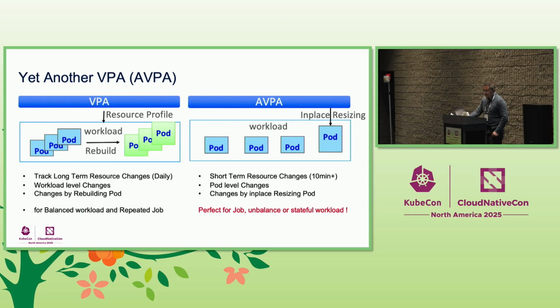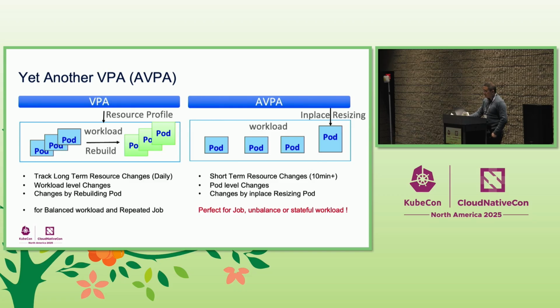Here we have another vertical pod autoscaler, which we call advanced vertical autoscaling. Now let us revise how VPA works. First, it tracks long-term resource changes, which often reflect the daily pattern of the apps. When a change is required, it applies the change to all pods of the workload consistently, and for each individual pod, it applies the change by rebuilding the pod with new resources.